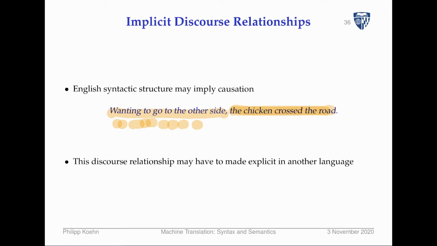You could also put the word "because" here, except then you have to change the sentence structure a little bit: because it wanted to go to the other side, the chicken crossed the road. That basically is the same meaning. In English, you can do this with this particular odd construction, but maybe in other languages you can't. You actually have to choose the word "because." So where do you get that? You have to actually make up a word like "because" in the other language.